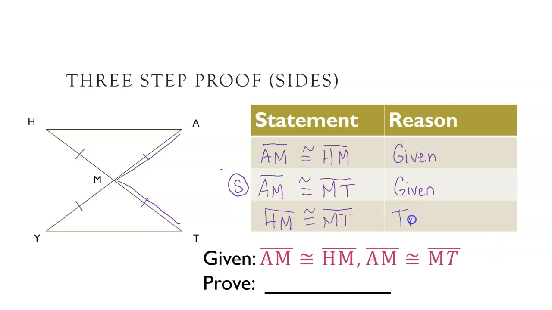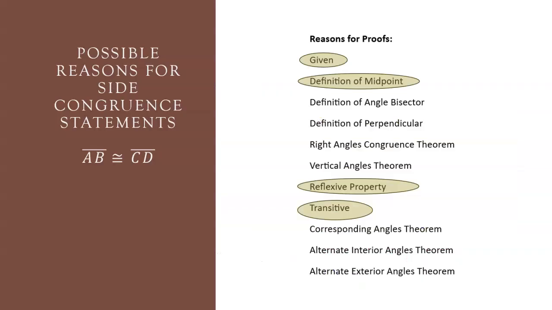The reason for this is transitive. I just concluded a side, so now I have two side pairs in these two triangles. All I would need to show congruence would be a third side or another angle. So what I was able to prove from those givens was that HM was congruent to MT, and I was able to do it using the transitive property.